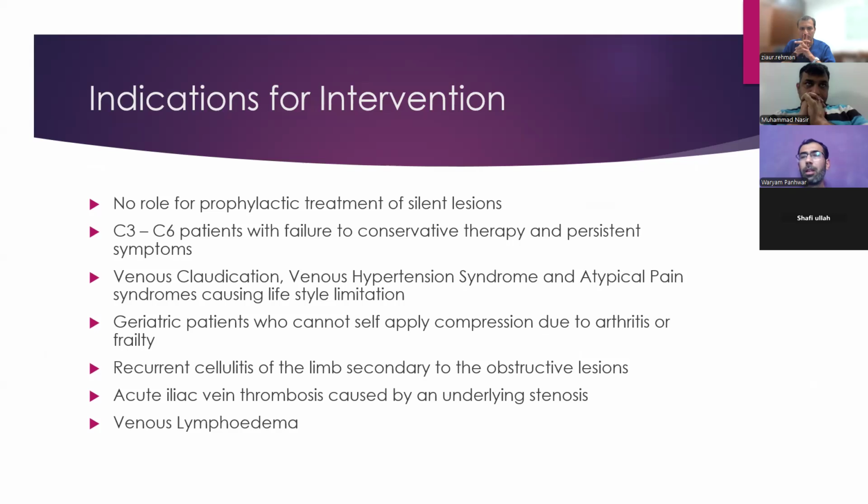So the algorithm is that a patient with PTS is to be managed with compression therapy, stockings. But if a patient has an iliac lesion, we offer stenting to prevent the development of ulcer.